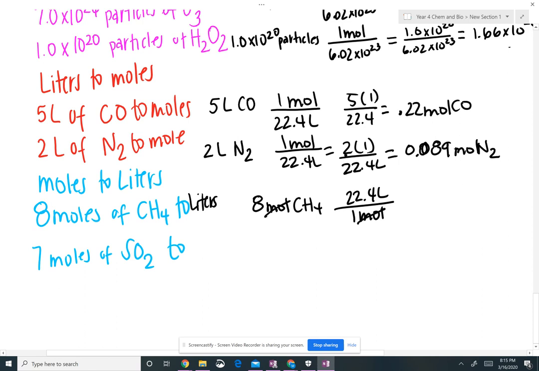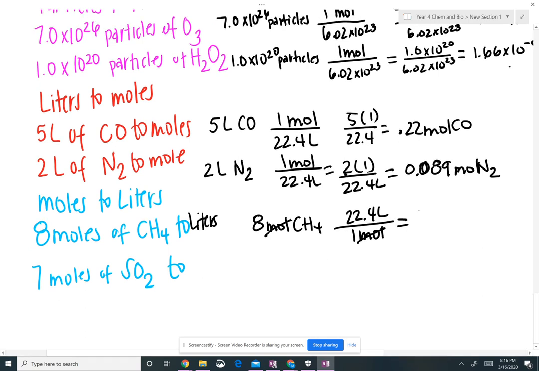And again, I want the moles to make sure that we're canceling. So that's why I'm formatting it that way, right? And in this case, I'm going to go 8 times 22.4. Right, and then this should be 1747.2 liters of CH4, right?